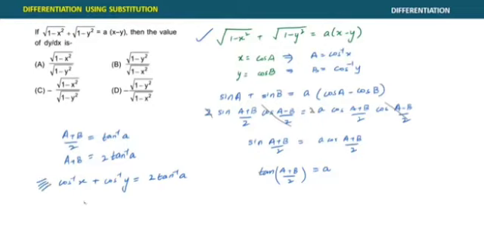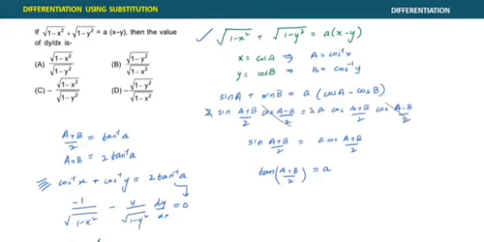Now you just differentiate. If I differentiate, this becomes 1 upon under root 1 minus x square minus y by under root 1 minus y square dy by dx, and this is completely a constant, so the derivative of this will be nothing but 0. And if you now check the answer, we already have it with us. So dy by dx will be equal to what?